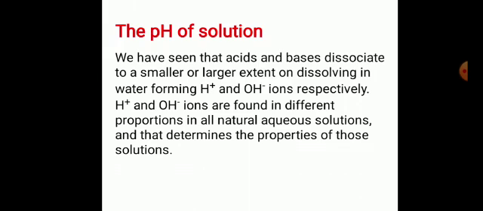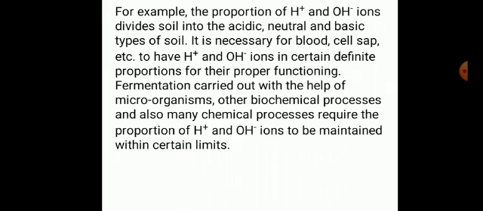So when acids and bases dissolve in water, they form H+ ions and OH- ions respectively. For example, the proportion of H+ and OH- ions divides soil into acidic, neutral and basic types of soil.